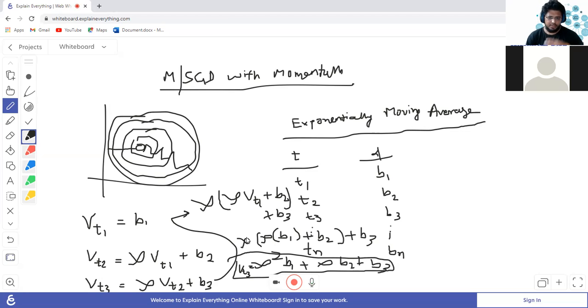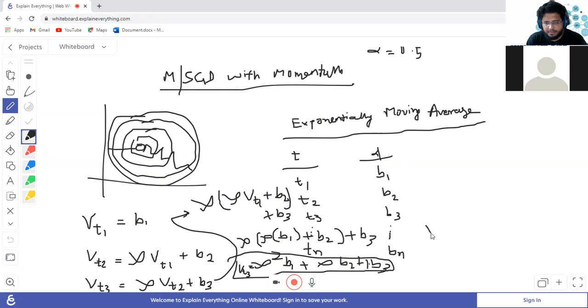Right? So what happens here is that if gamma is a fraction, that is some value less than 1, then gamma square is going to be even smaller. Gamma is already less than 1. And the coefficient of b3 is 1. So let us consider gamma is equal to 0.5.